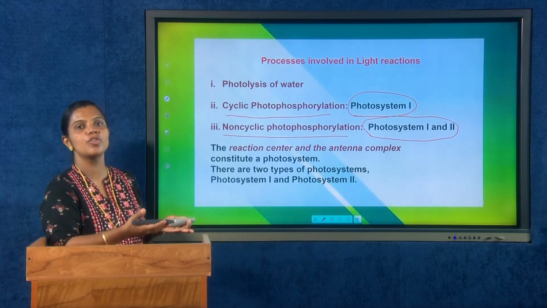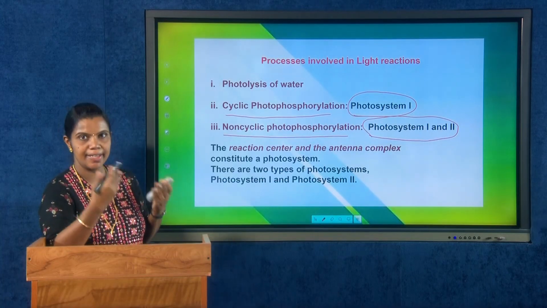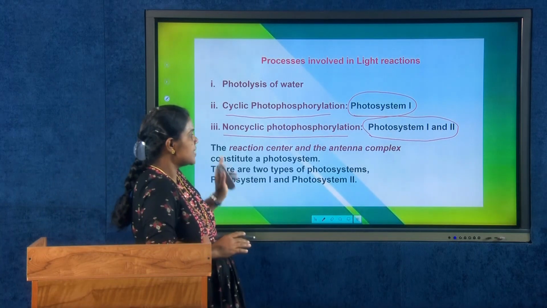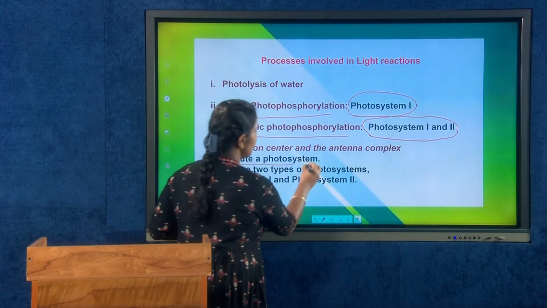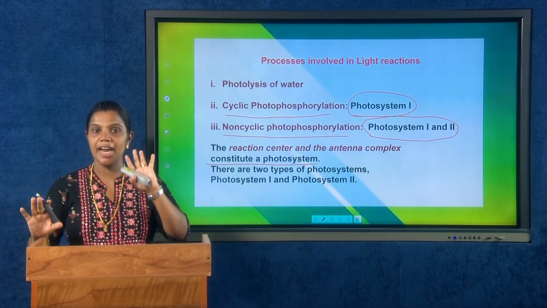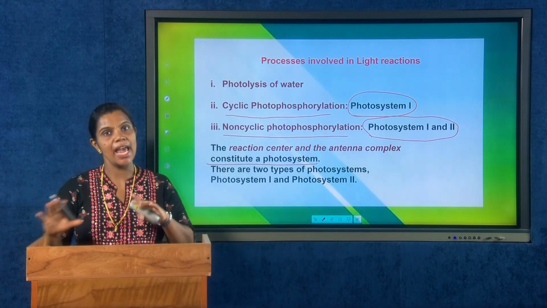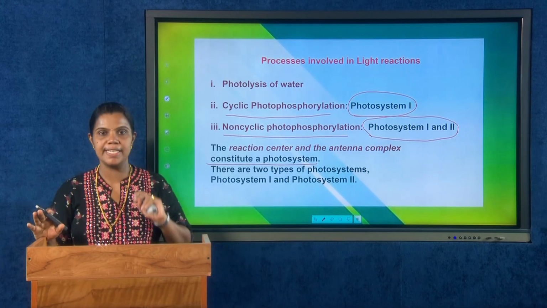What is cyclic photophosphorylation? What is non-cyclic photophosphorylation? We will learn in detail shortly. The reaction center and the antenna complex constitute the photosystem. The reaction center, that is the chlorophyll molecule, and the antenna complex together constitute a photosystem.